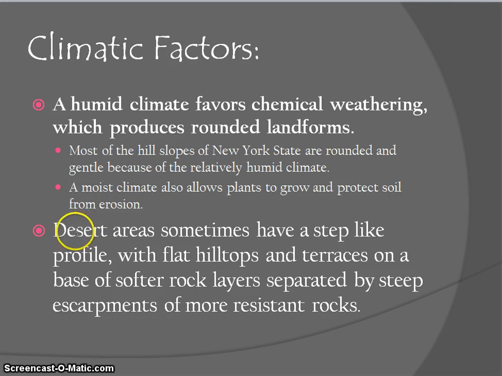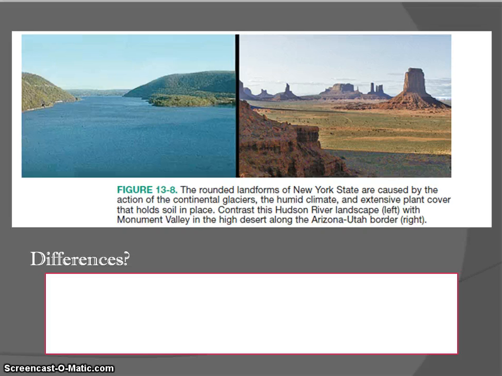In other words, where you have the lack of water, it tends to be a little sharper in its landscape, indicating that it's very dry. The water hasn't been there to round out any of the hills and have any vegetation to grow to help protect the soil from that erosion. So you can really tell the difference between an area that has a lot of water and an area that's lacking water.